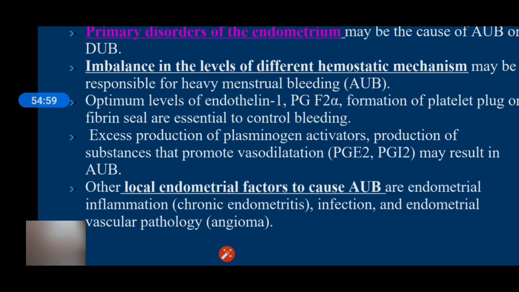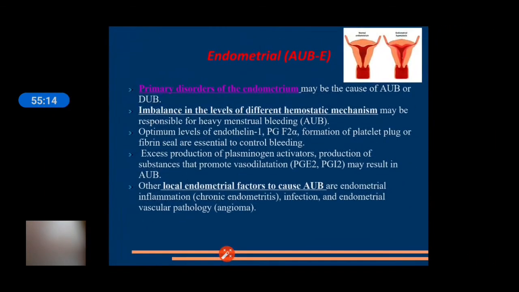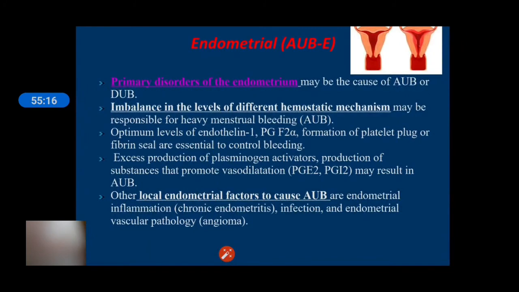Other local endometrial factors are endometrial inflammation because of chronic endometritis, infection, or endometrial vascular pathology like angioma, or any tumor of the endometrium. These all cause excessive, irregular or heavy bleeding, or you can say abnormal uterine bleeding.